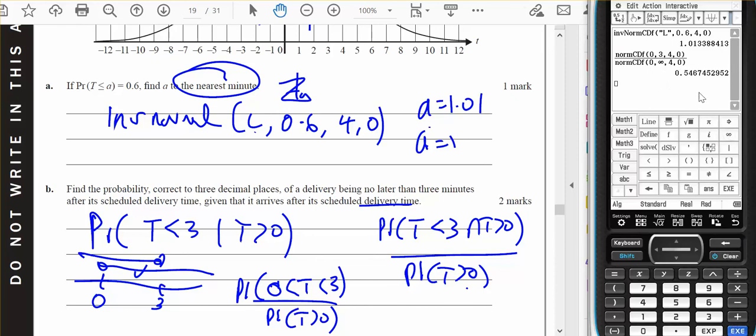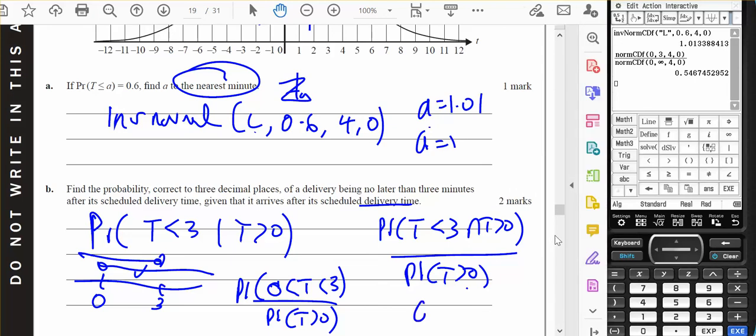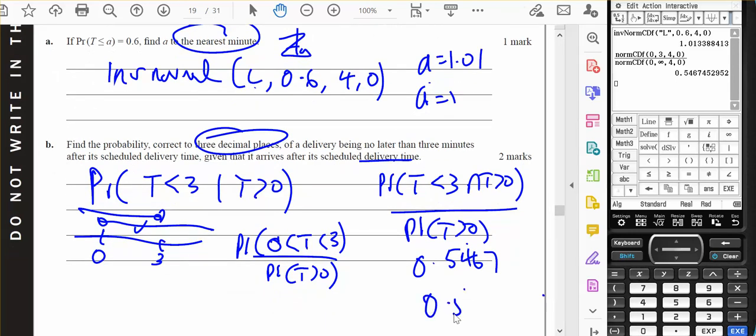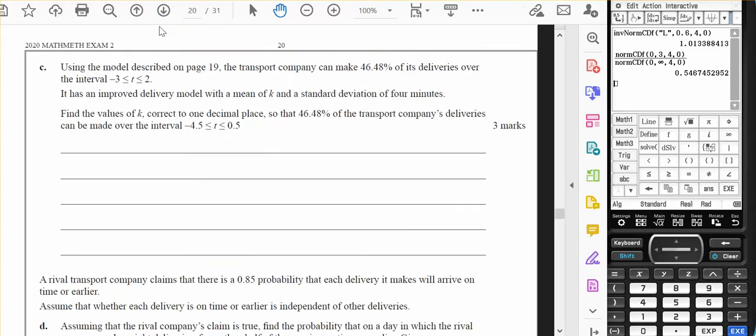That's going to give me an answer of 0.5467, to 3 decimal places that gives me an answer of 0.547. Part C, using this model on 19.